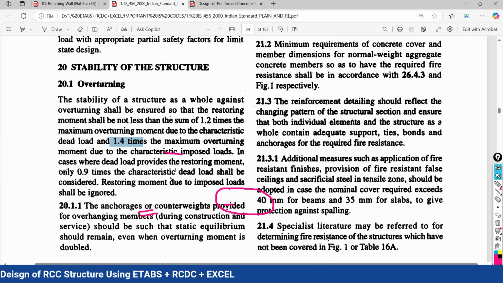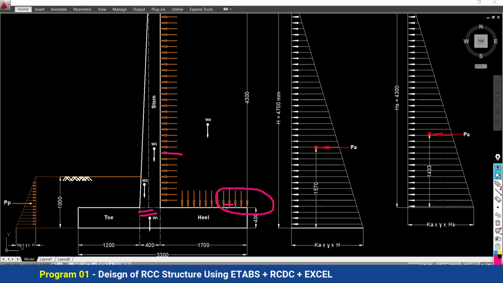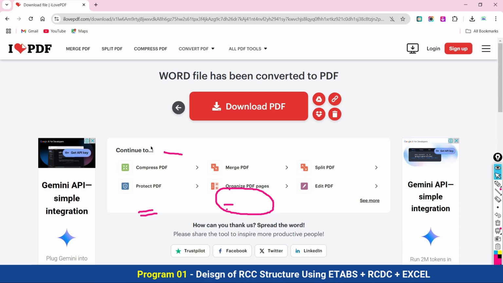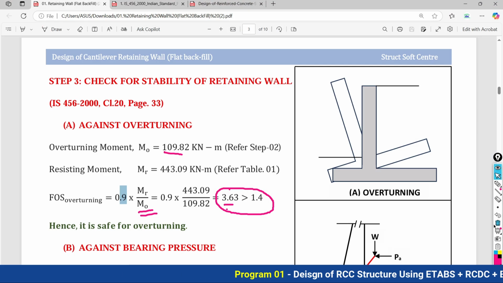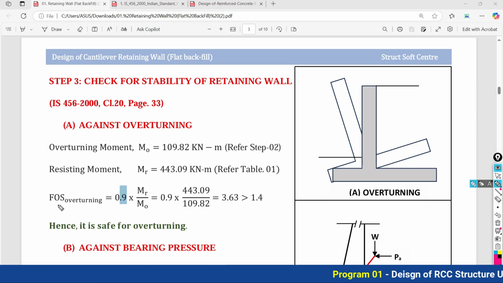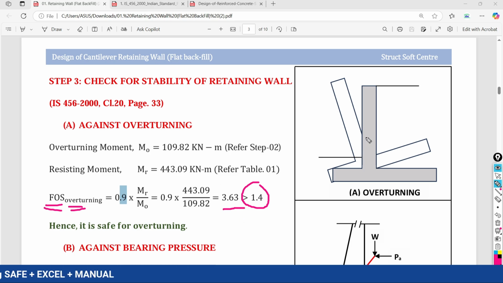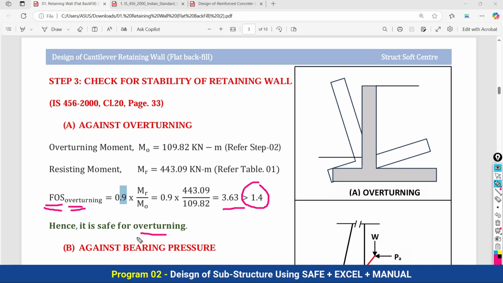So overall, this factor of safety against overturning should be more than 1.4. So I can say that my section sizes of the retaining wall are safe against overturning. Hence it is safe against overturning.